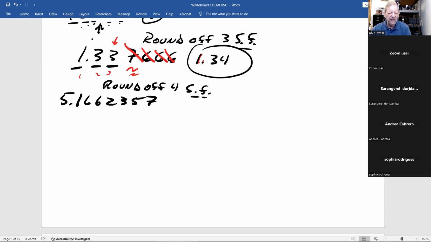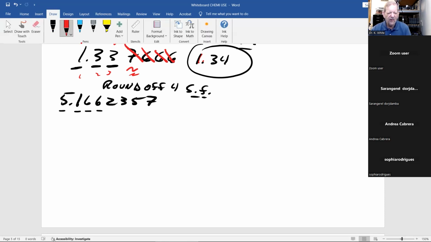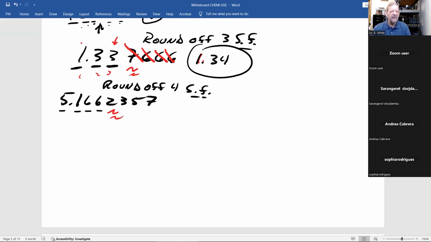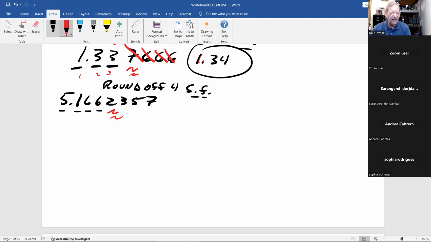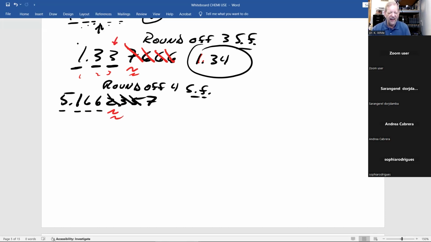Well, you keep the first significant figure 5, second 1, third would be 6, and the fourth would be 6. Those are my 4 significant figures. The number I use to round off is the 2. Is that 4 or less? Time's up. Hopefully all know 2 is 4 or less. So I'm going to drop that. And I don't change this because it was 4 or less. So the correct answer would be that.